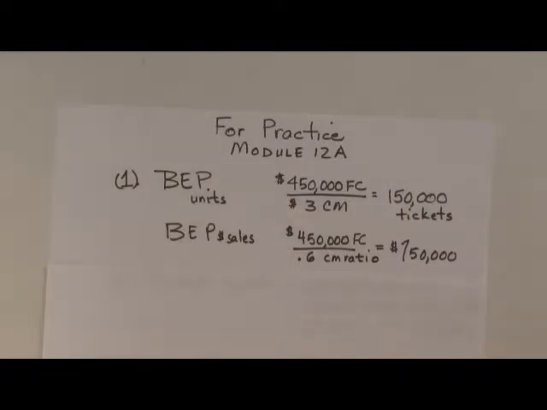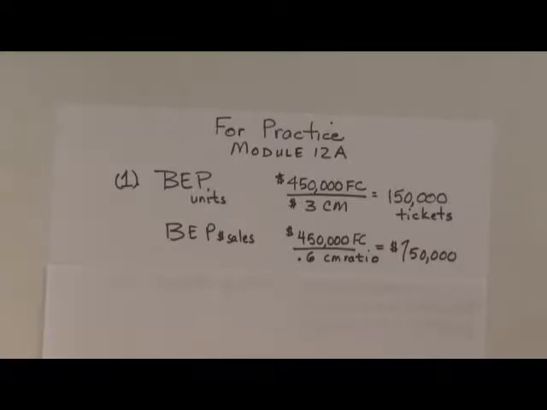The first problem was computing the break-even point, and we can do that in terms of units or in terms of dollar sales. In either case, we take the fixed cost and divide by the contribution margin. To find the break-even point in units, we use the contribution margin dollars, in this case $3, and we find that this company breaks even at 150,000 tickets.